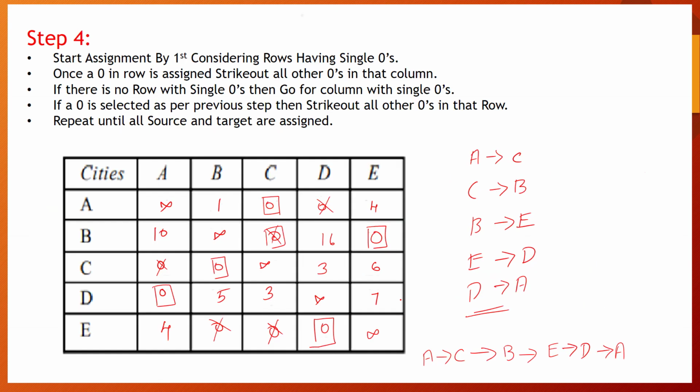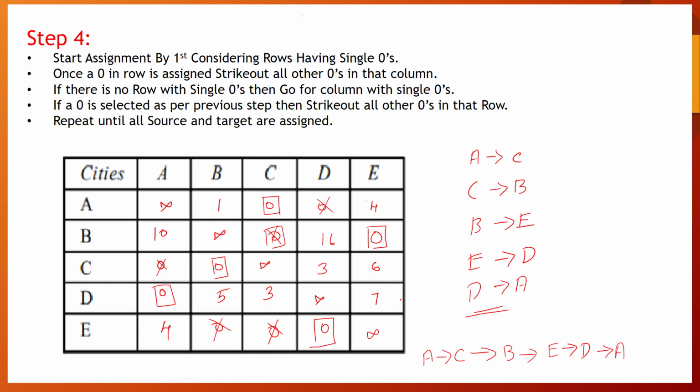In step 4 we do the assignment. Here also we can follow the procedure of the assignment problem, but we need to be careful so that we will not loop. I mean, from A to C, we make sure that we will not go to A again. First we see A, it can go to C or D, but we are going to C. From C he can go to A or B, but he cannot go to A, so he will be going to B. Now look into the B row.